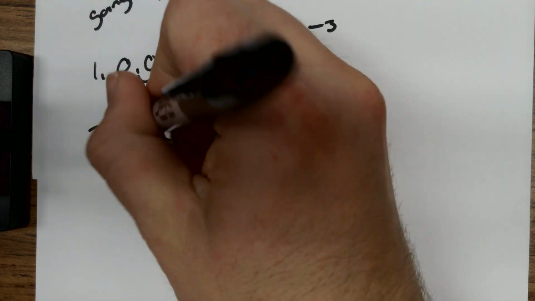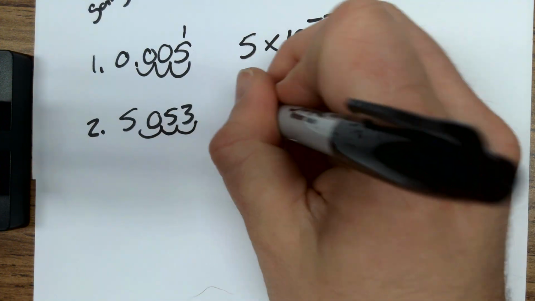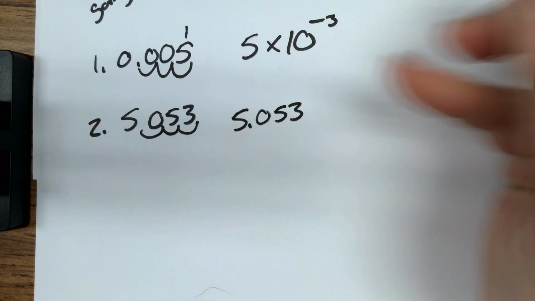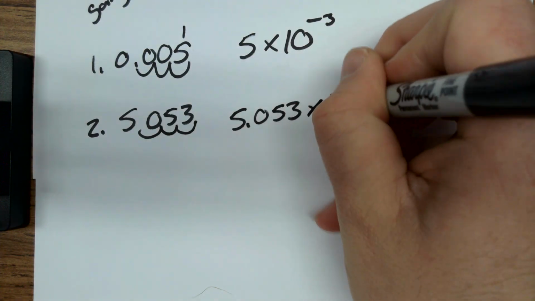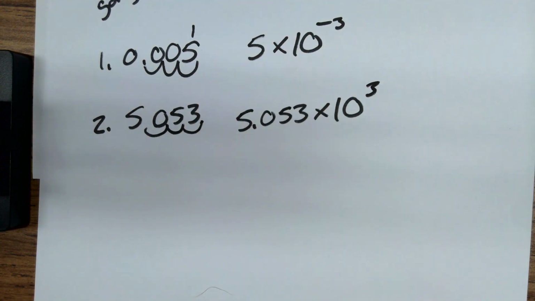All right, so I keep going. 5.053, bigger than 1, smaller than 10? Perfect. 5.053 times the power of 10. How many times did I move the decimal? 3 times. Positive or negative way? Positive. So I'm done. That's it.